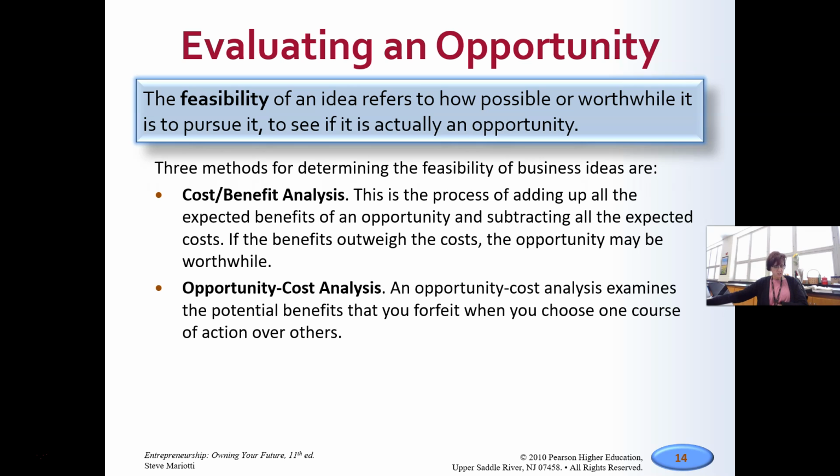The second way is the opportunity cost analysis. When you're looking at this factor, you want to make sure that you are looking at the potential benefits that you're going to forfeit when you choose one course over another. The example I want to give you is two people. One graduates from high school and goes to college for 4 years.